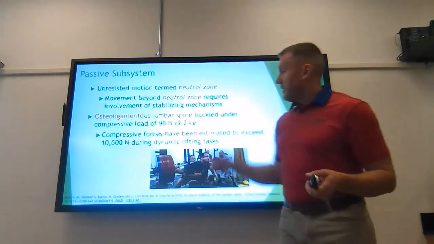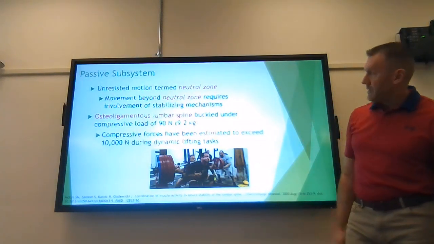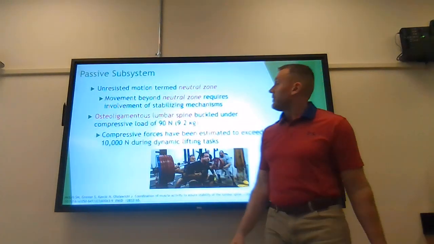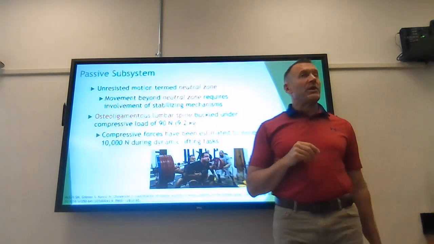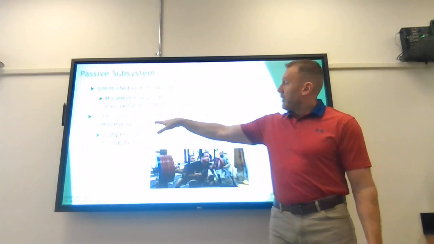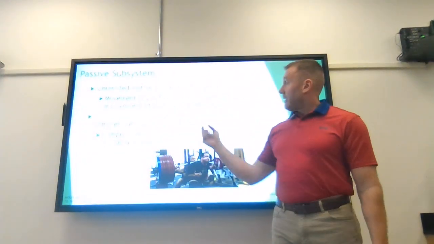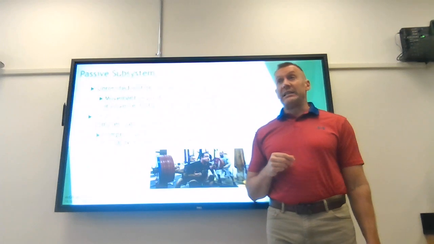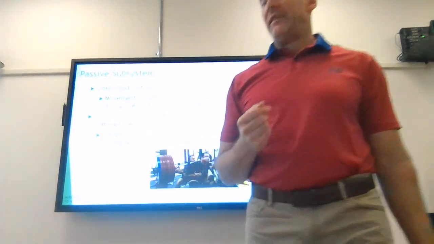It turns out in this particular study, from 2003, almost 20 years ago, I can't believe that, the osteoligamentous lumbar spine buckled under a compressive load of 90 newtons. That's a little over 9 kilograms. That's not very much.